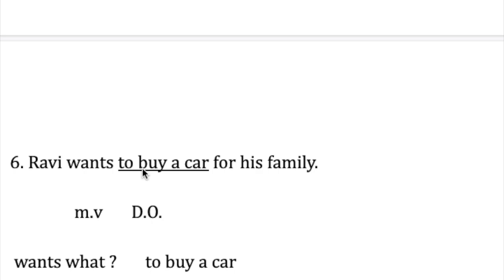Ravi wants what? To buy a car. So to buy a car is the direct object. Also remember that it is to plus infinitive, to plus the first form of the verb: to go, to buy, to dance. These infinitive verbs are also called complements, because they complement the main verb, and that is called direct object.